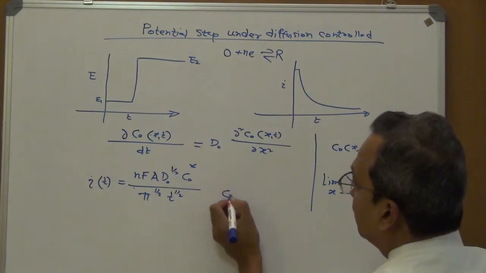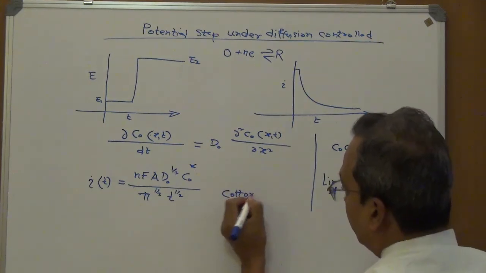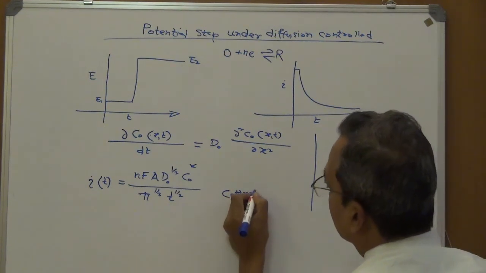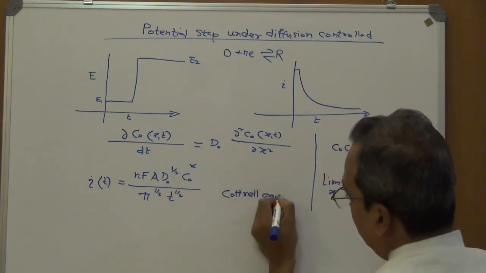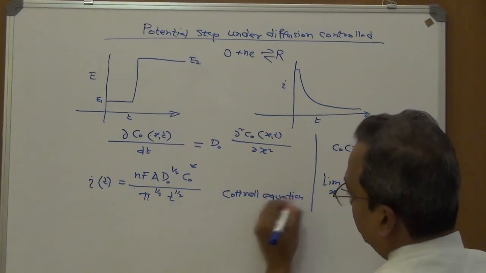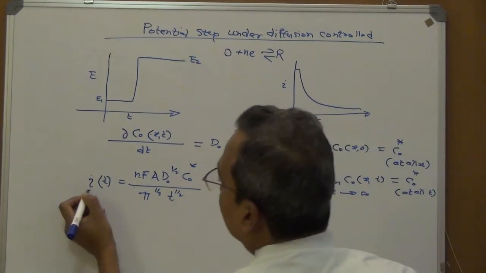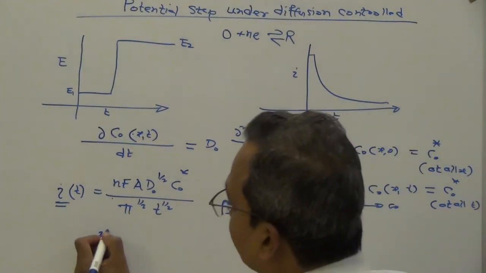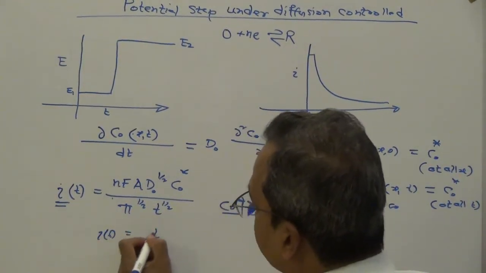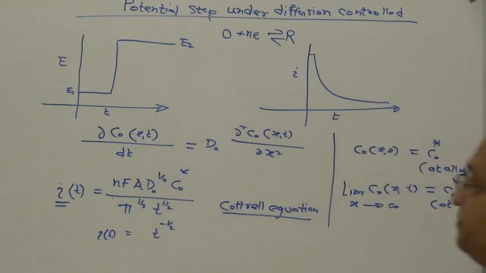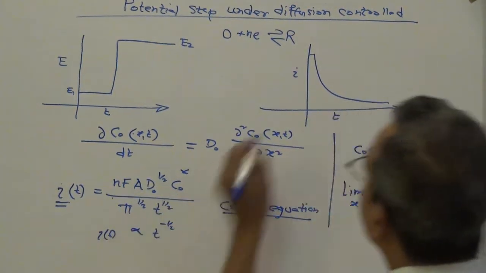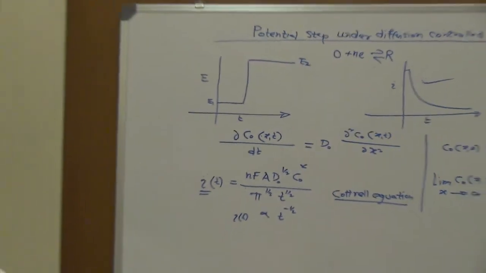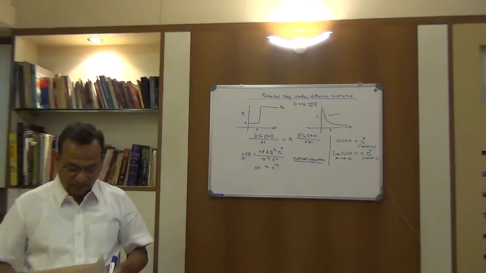This equation is called the Cottrell equation, and as you can see, the current changes with time as a function of t raised to minus half, and that's why we see that kind of response.